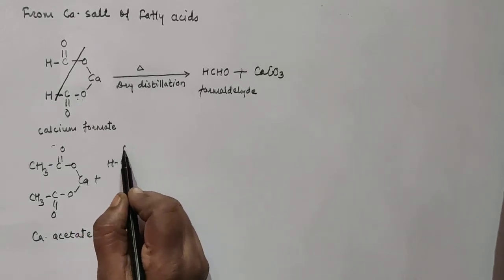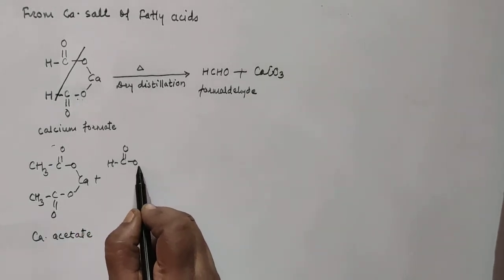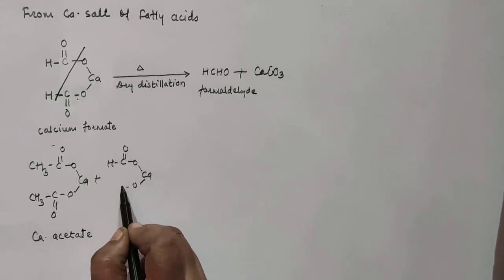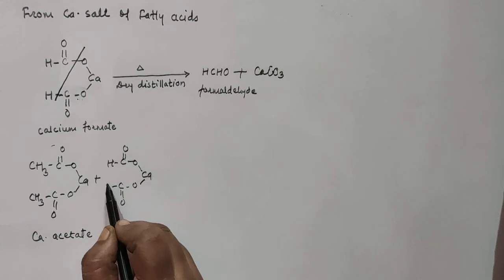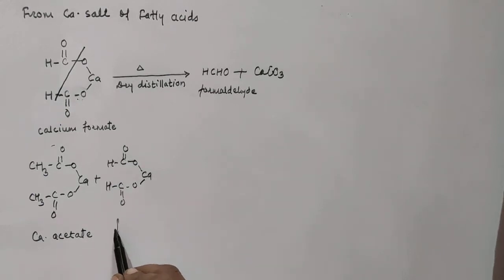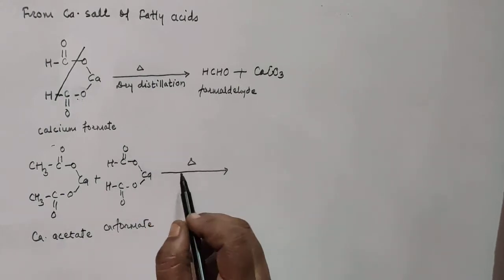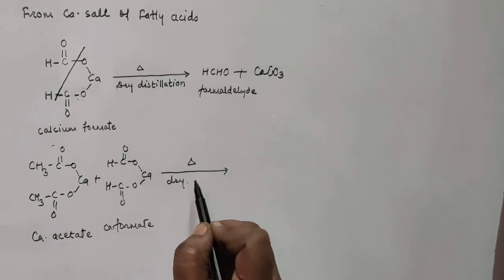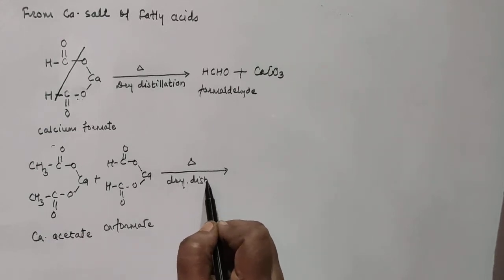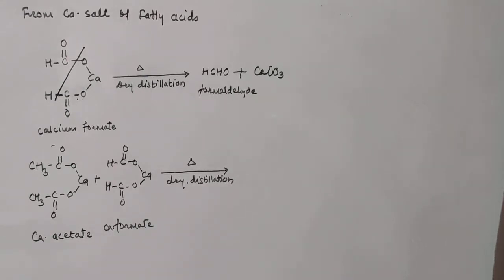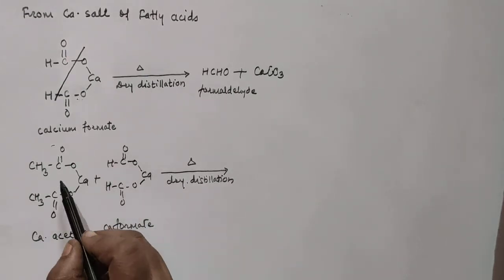So a mixture of equimolar quantity, equal amount, of calcium acetate and calcium formate is taken. This is calcium formate. Again, on dry distillation, you will get your corresponding aldehyde. Here again there is a decomposition of the compound.